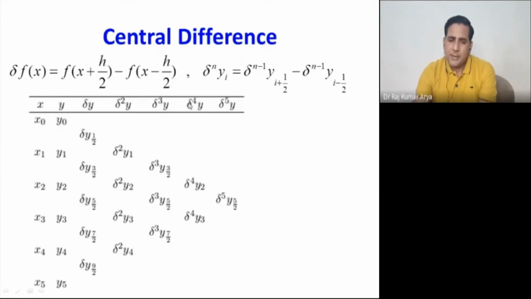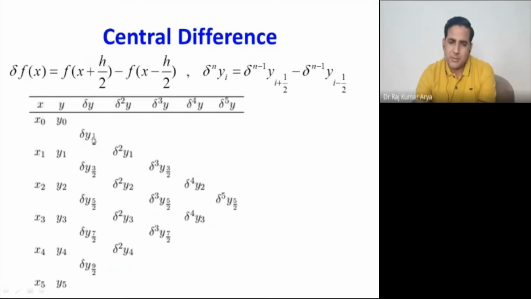So you can calculate any derivative here. For the first central difference, you put n equal to 1. For the second central difference, you put n equal to 2. Third, n equal to 3, and keep on going.